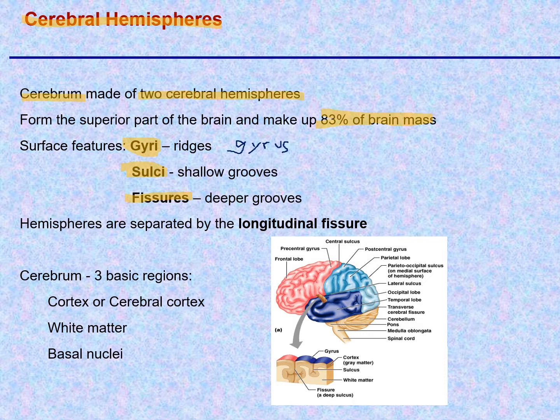The largest and longest actually is right down the top middle, and I'll show you later, which is called the longitudinal fissure, going from the anterior middle part of the cerebrum all the way back along the midline to the back of the brain.